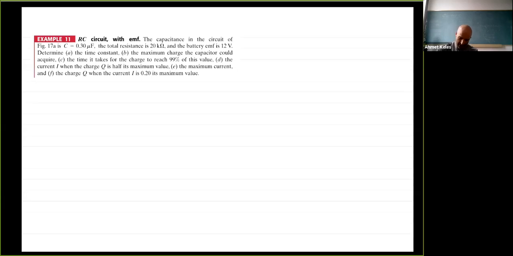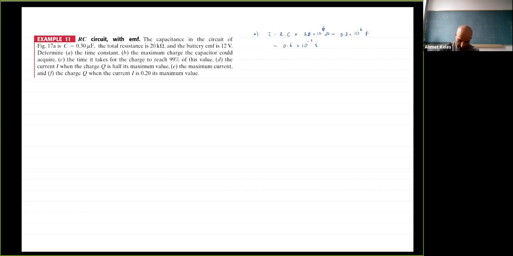We know time constant tau is R times C, which is 20 times 10 to the 3 ohm times 3 times 10 to the minus 7 farad. This equals 0.6 times 10 to the minus 2 seconds.